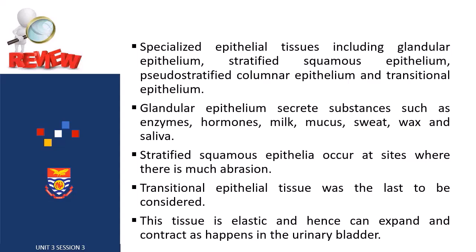We also looked at stratified squamous epithelia, which were known to occur at sites where there is much abrasion. Also, transitional epithelial tissue was looked at, the tissue that is elastic and expands and contracts as it happens in the urinary bladder.